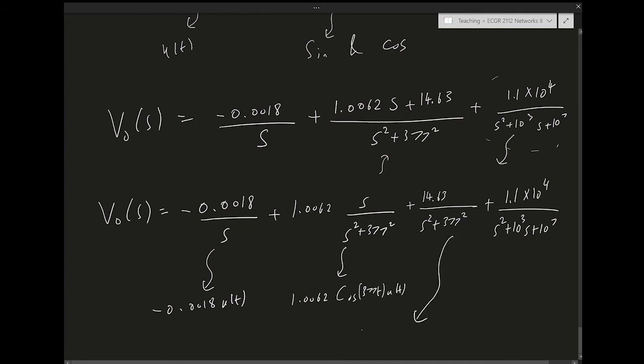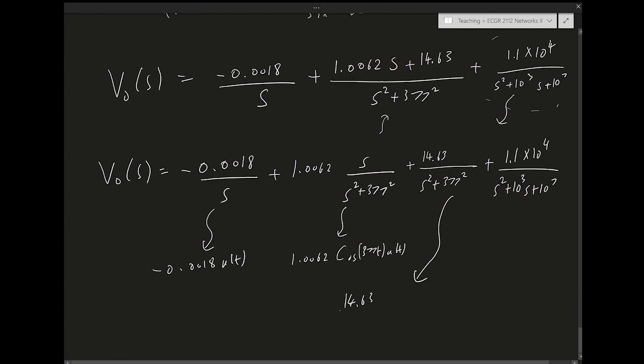This now is going to be 14.63 divided by 377, because I can do this 377 over 377 and take the 14.63 divided by 377 out, and I end up with omega over s squared plus omega squared. So I end up with 14.63 over 377 times sine 377 t u of t.